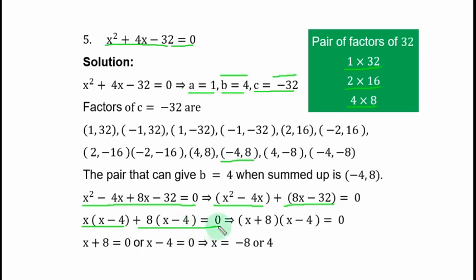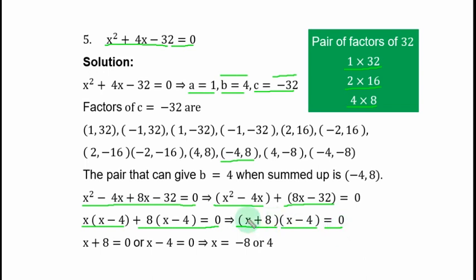Remember I said that the term you factored out is used to divide each term in the bracket. s minus 4 is common to that expression. So when you take it out, you have s plus 8 in one group and s minus 4 in the other.